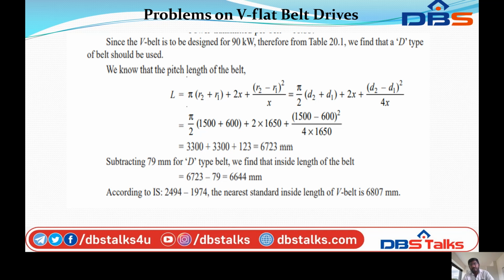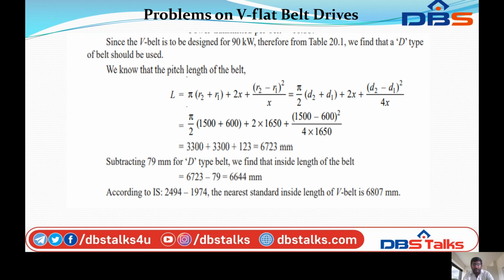Substituting the values, L is equal to pi by 2 into 1500 plus 600, plus 2 into 1650, plus 1500 minus 600 whole square by 4 into 1650. Finally, the length is calculated: L is equal to 6723 mm.